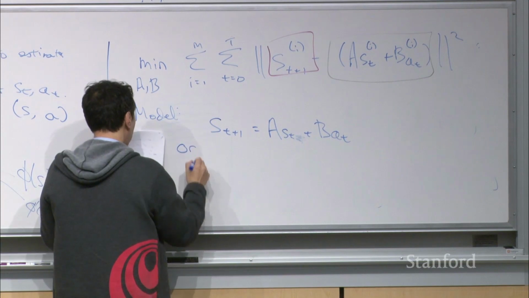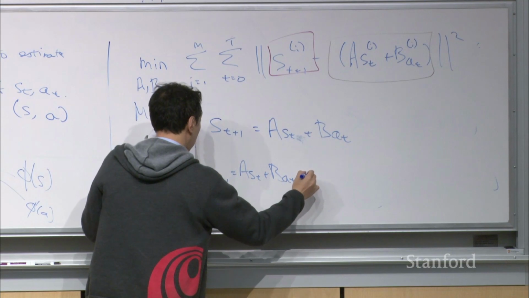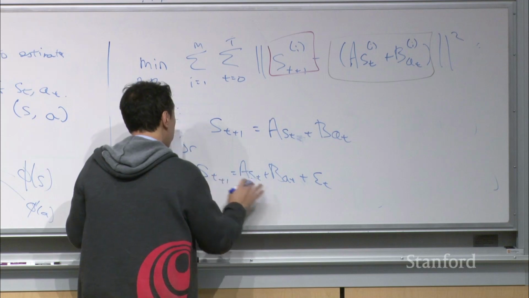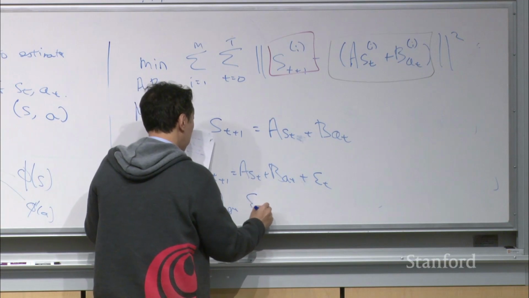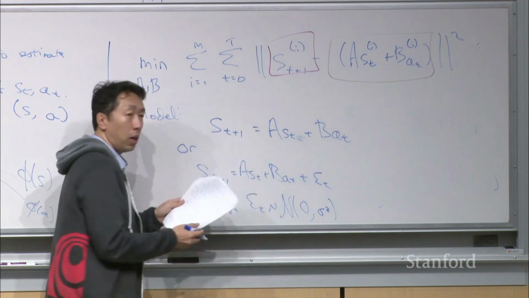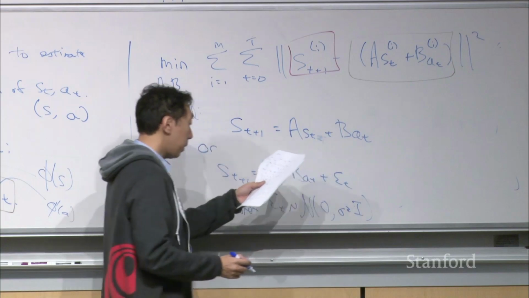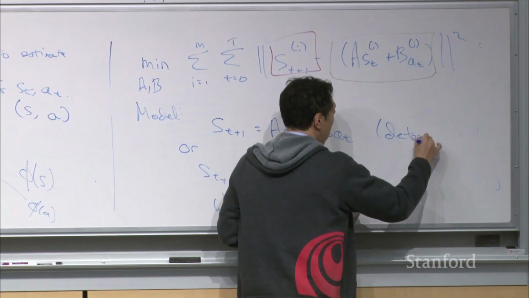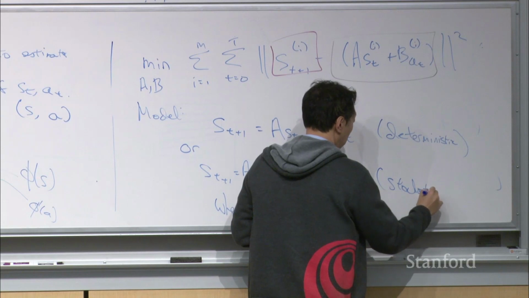Another version would be to set s_{t+1} = A s_t + B a_t + epsilon_t, where epsilon_t is distributed maybe from a Gaussian density. Okay, and so this first model would be a deterministic model, and this model would be a stochastic model.